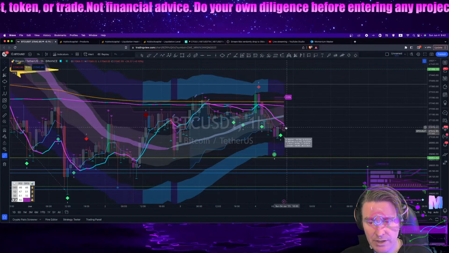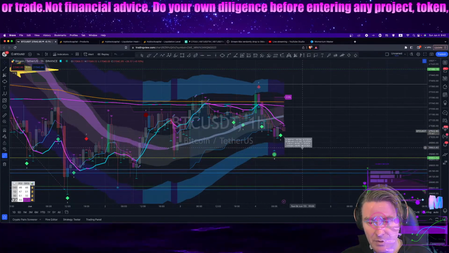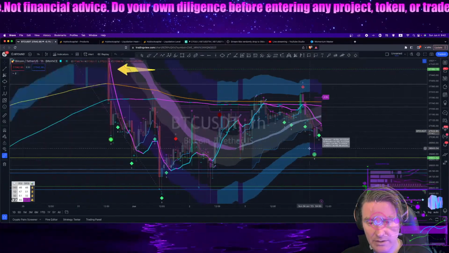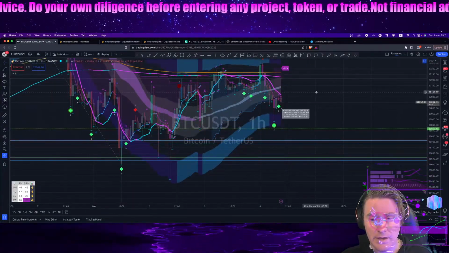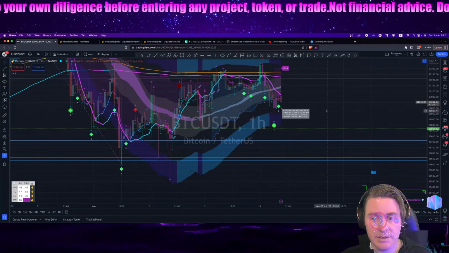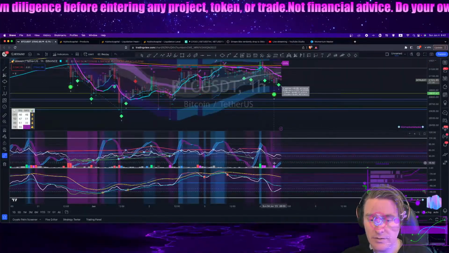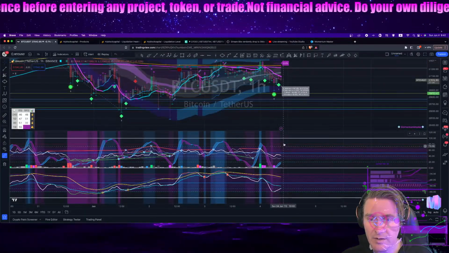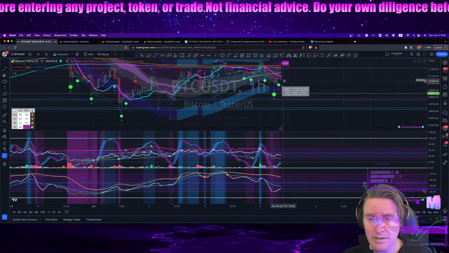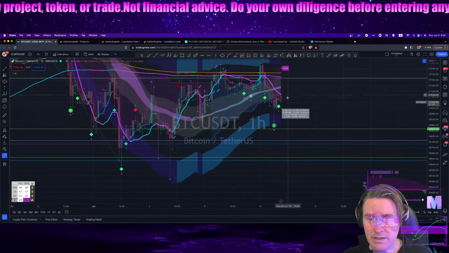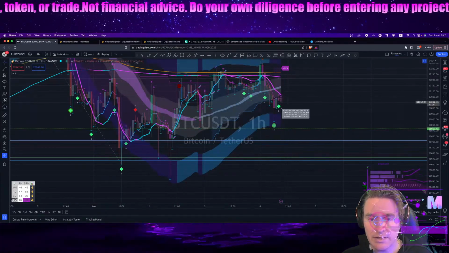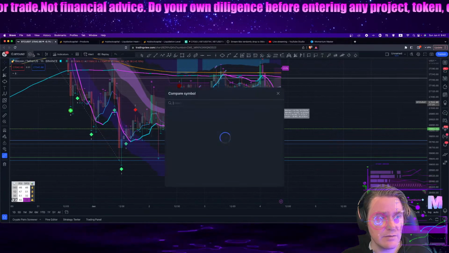So unless you can reclaim these baselines and cross them back up, you could see yourself all the way down back to the bottom of this channel. And the hourly is getting reset and trying to make a play here, but not yet bullish, and we broke the super trend idea, so the bearish reset is on for the hourly time frame.